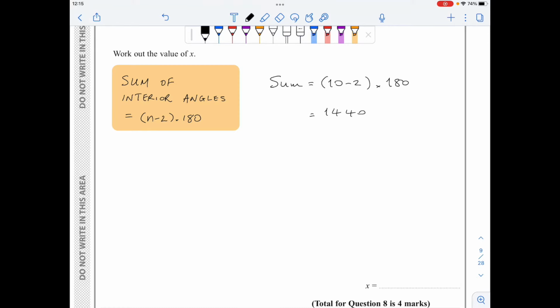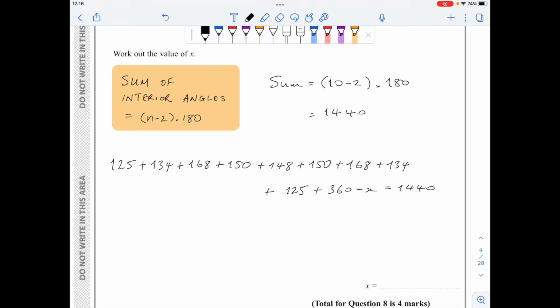So let's set up an equation. 125 plus 134 plus 168 plus 150 plus 148 plus 150 plus 168 plus 134 plus 125 plus 360 minus x is equal to 1440.